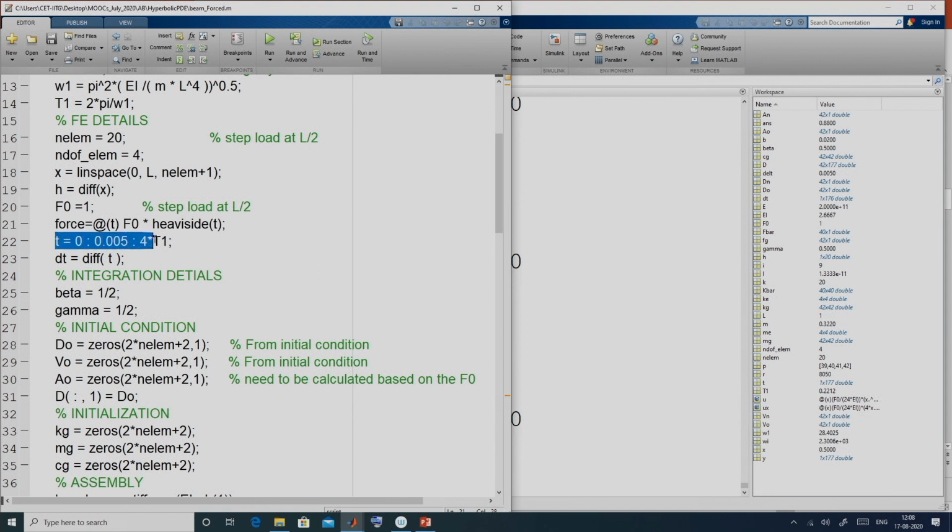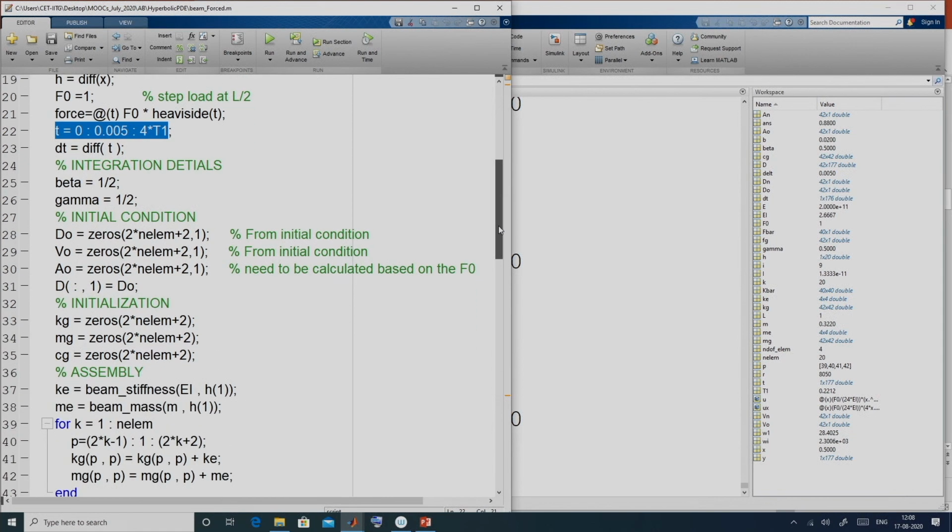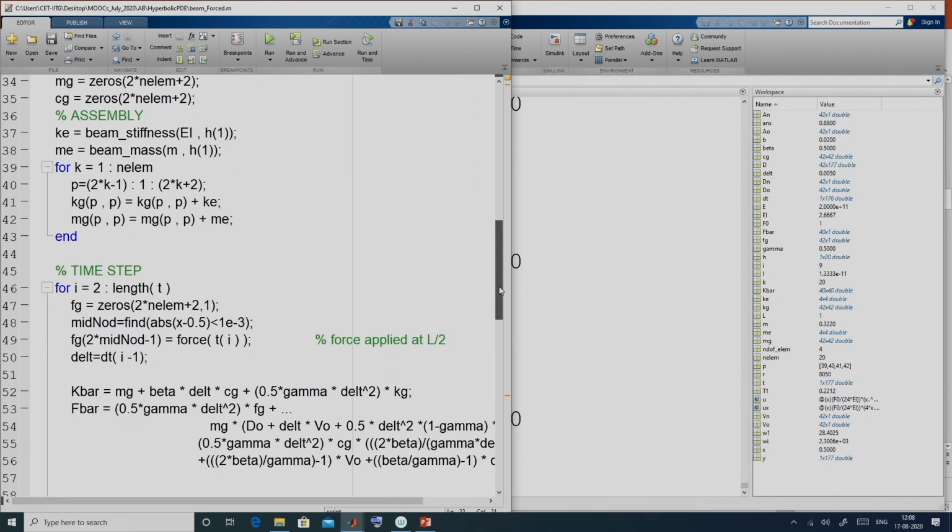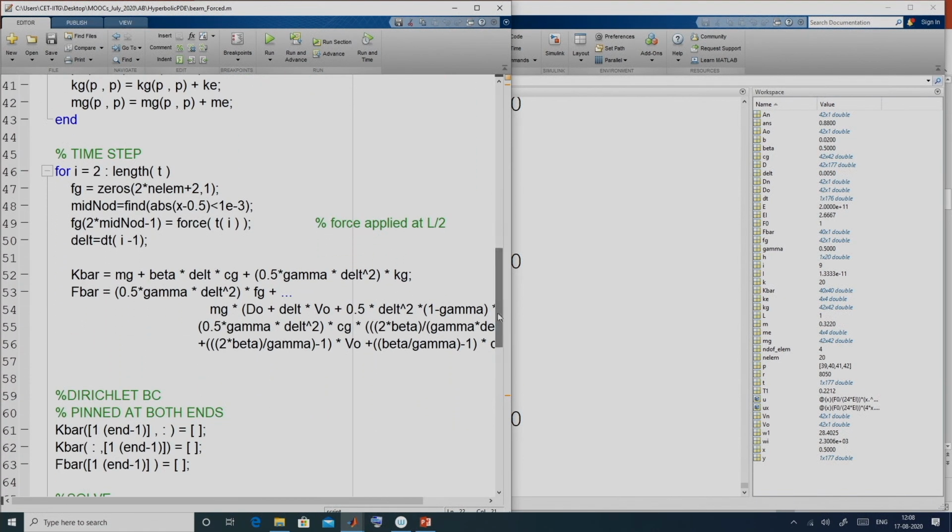So I have again simulated for the same time duration. All the schemes are the same, and the only new step is that here we have calculated the global force vector, which was absent in the earlier problem, where it was entirely 0 for the duration of the simulation.